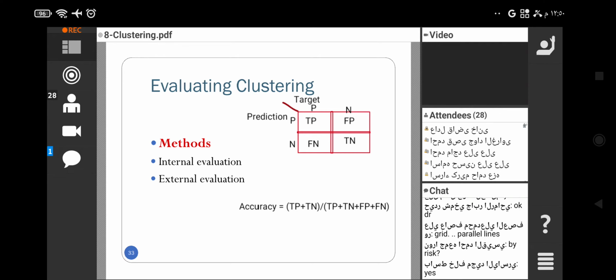Okay, this is the formula of accuracy. Accuracy means the number of data which is correctly classified divided by the number of all of the data. Okay, no problem with this formula.